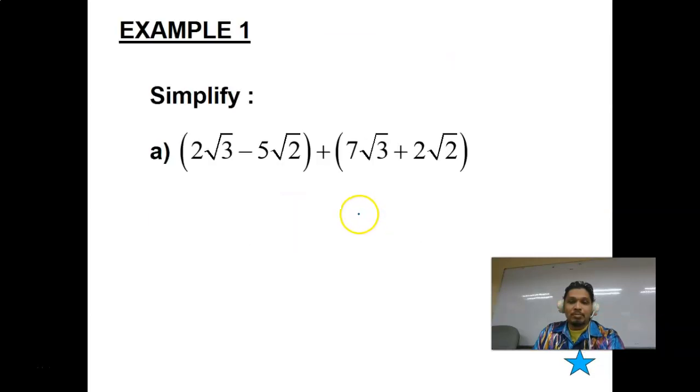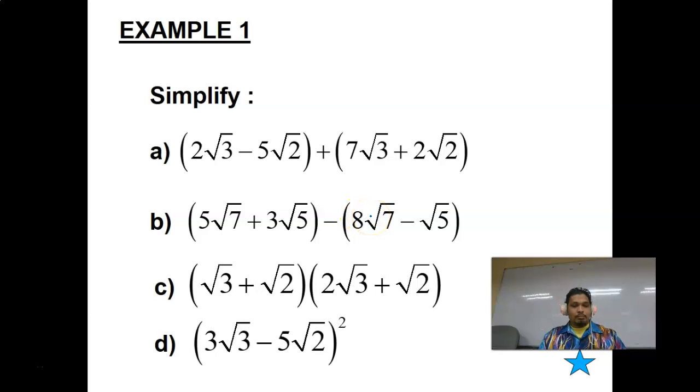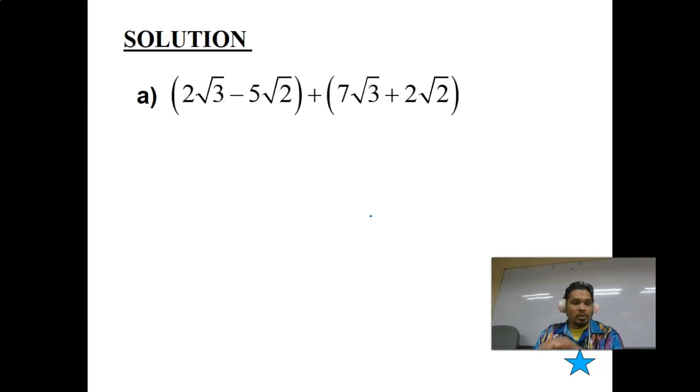Example 1, simplify every single one of these. For the first one, it's just addition between the terms inside these two brackets.